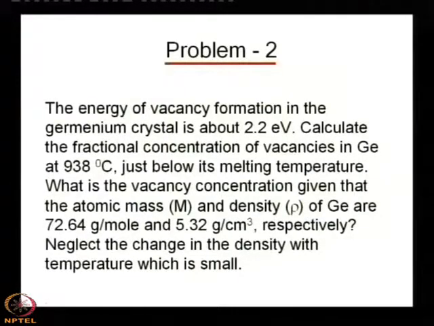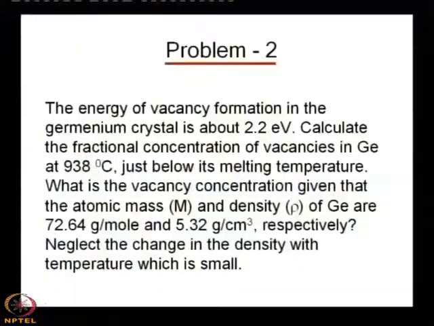So, that means creating a vacancy in covalent crystal requires more energy, 3 times more energy in case of germanium if you compare with a metallic bonded crystal like aluminum. Okay. So, that is a very important example to prove the point that a covalent crystal needs more energy to create a vacancy than a metal.